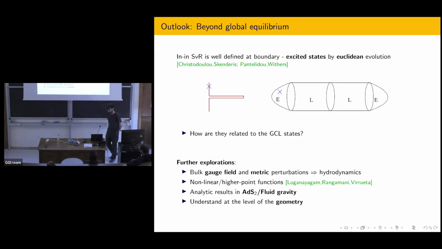Other setups which might be interesting are excited states, by inserting operators on the Euclidean pieces of the complex time contours, which corresponds to doing perturbations on the Euclidean pieces of the bulk. It's interesting to understand how these are related to the GCL states.